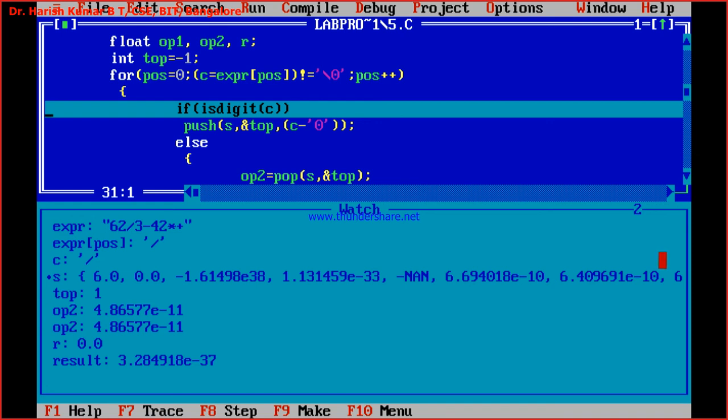I don't know what happened. It should be 2.0. Oh, one second. Let me check. I don't know what I have given while writing.